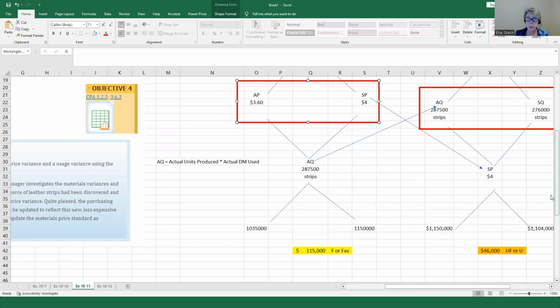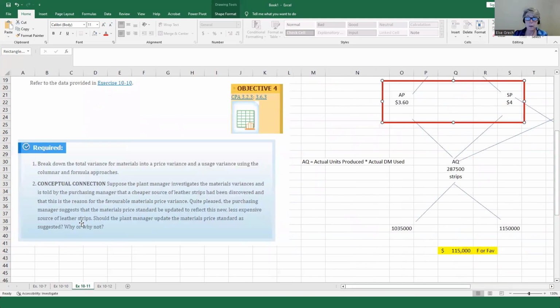If we buy cheap raw materials, it has a cascading effect. It's not just affecting that price, it's affecting how much we use, and it's affecting our labor also. And so the answer here is no, we shouldn't. We need to look into the unfavorable direct labor variances to find out if it's connected to the fact that you bought cheap leather. So that's the answer there.